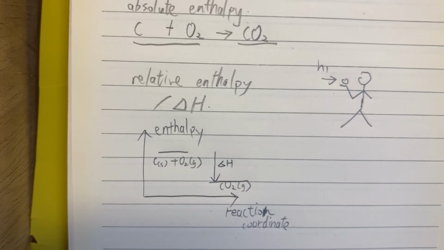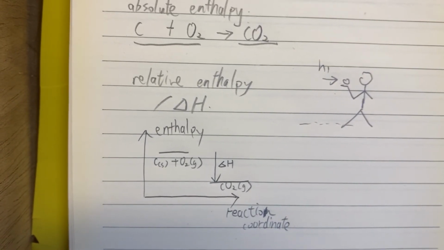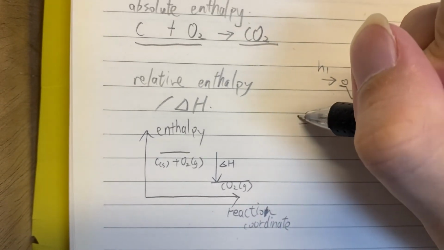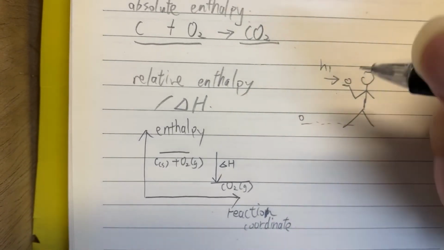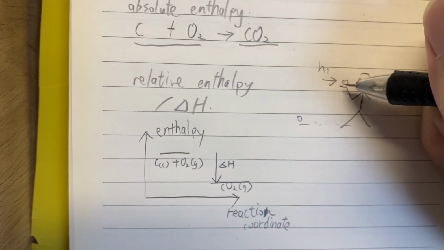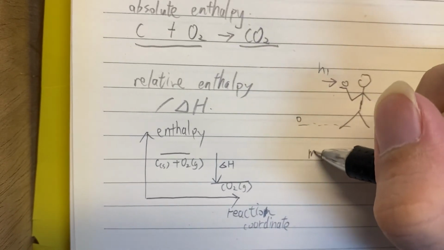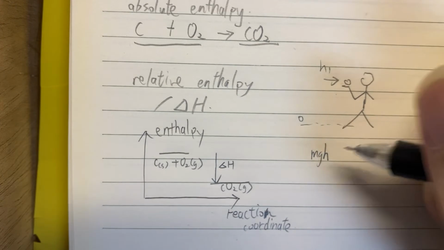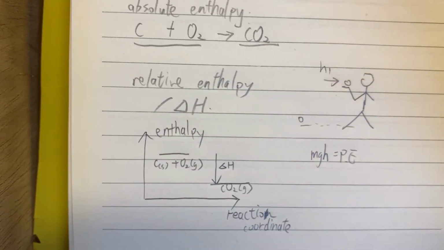Actually, you will never know because you have no reference point. As long as you set a reference point on the floor, maybe you set the potential energy as 0, then after you release the ball from this height H1 onto the floor, you can use mgh, where h means the difference in height, to calculate its potential energy.